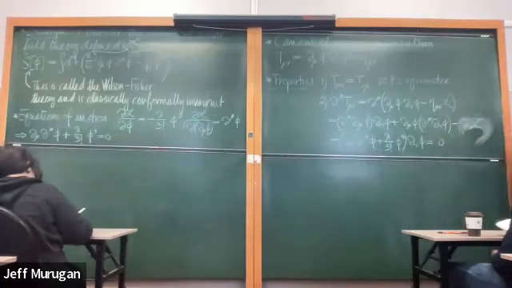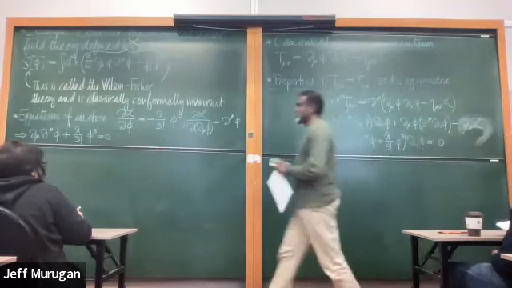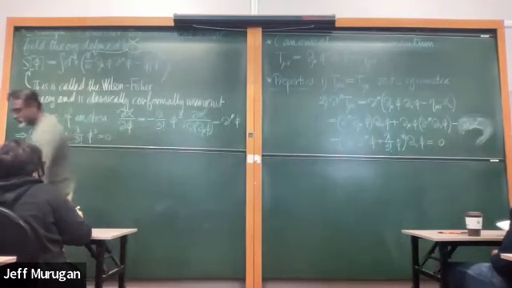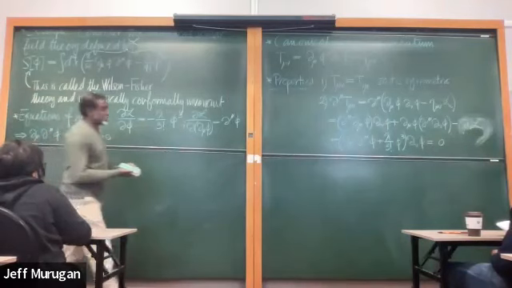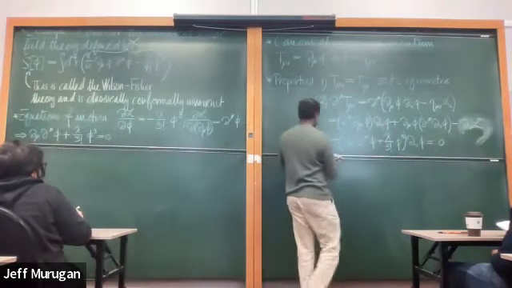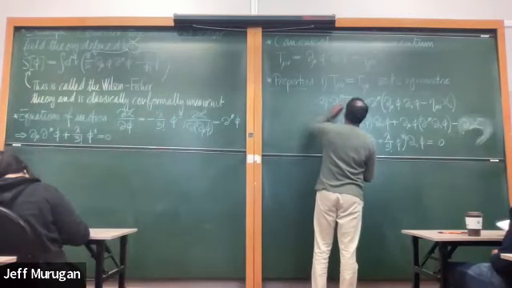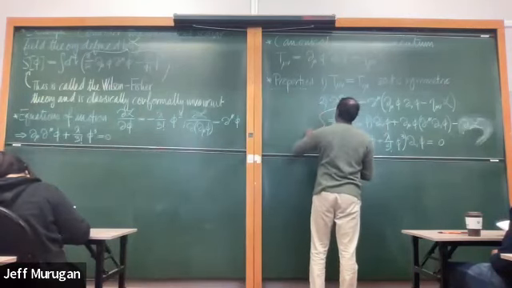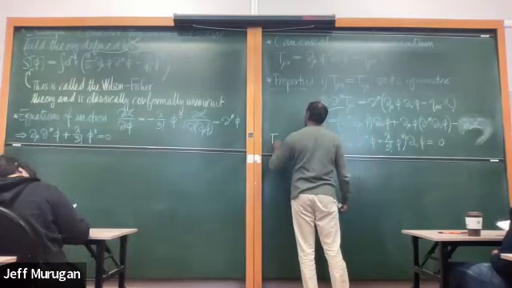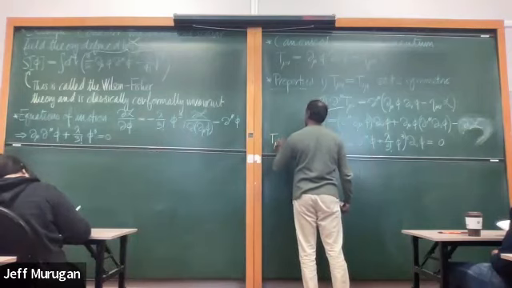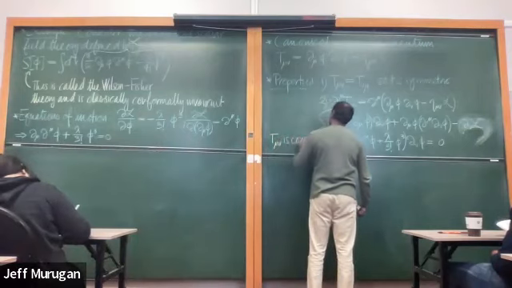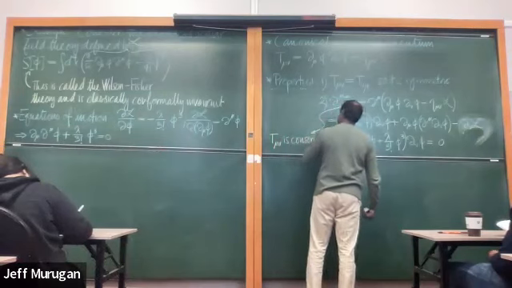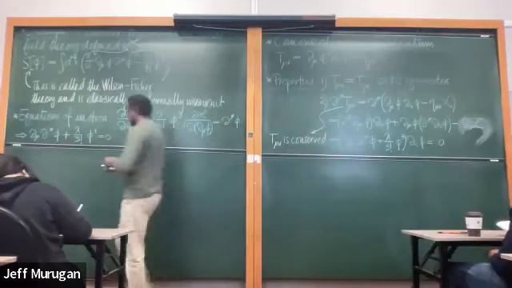This is 0. Okay, so indeed, the canonical energy momentum tensor that we calculated is a conserved energy momentum tensor. So far, so good.